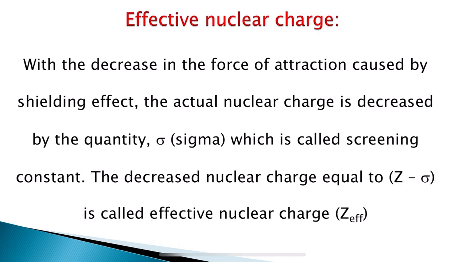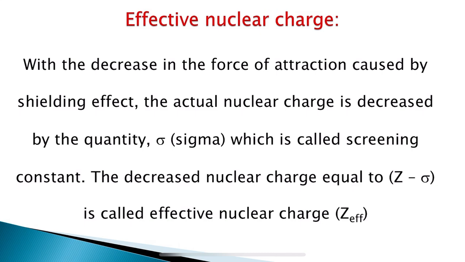The term effective is used because the shielding effect of negatively charged electrons prevents higher orbital electrons from experiencing the full nuclear charge of the nucleus, due to the repelling effect of inner layer electrons. The effective nuclear charge experienced by an electron is also called the core charge.